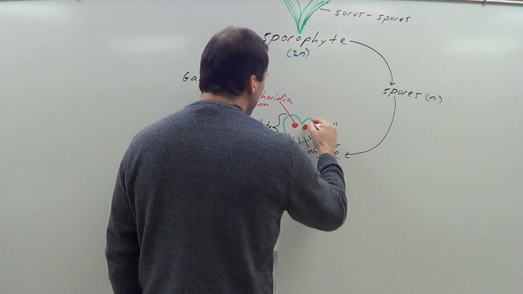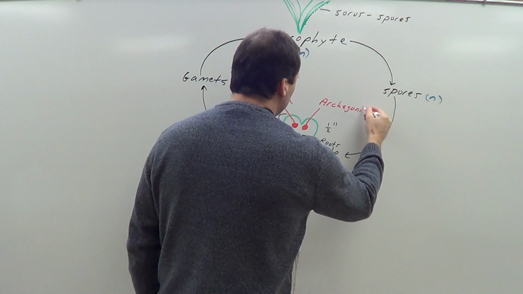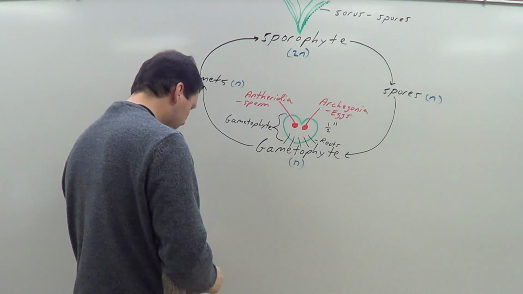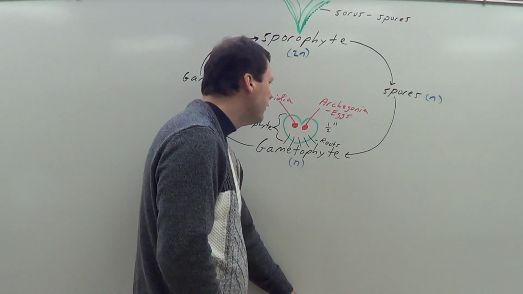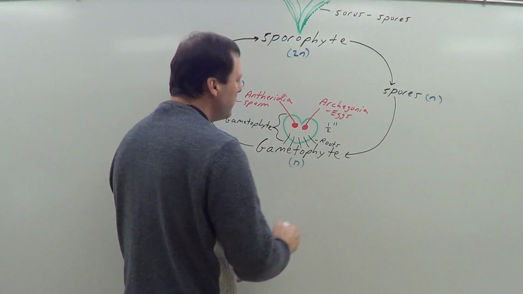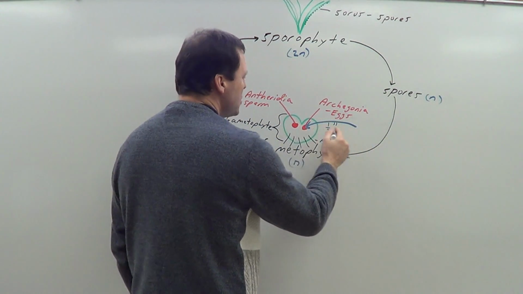The other organ is going to be archegonia, and it's going to produce eggs. Now what's going to happen here is a sperm from a nearby gametophyte is going to swim over and fertilize the egg.